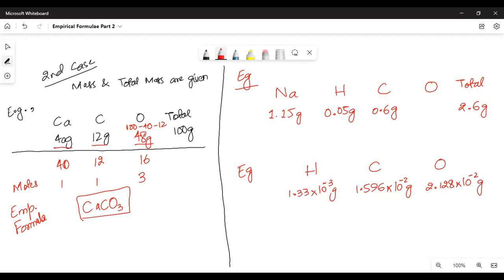Let me read the values out loud, just to make sure you're getting them right. It is made up of hydrogen, carbon, and oxygen. And I've made a mistake. Let me quickly erase it and correct my mistake. Sir, in the second example, there is no total given. Yeah, it's case 1. All the masses are given, there are no totals.